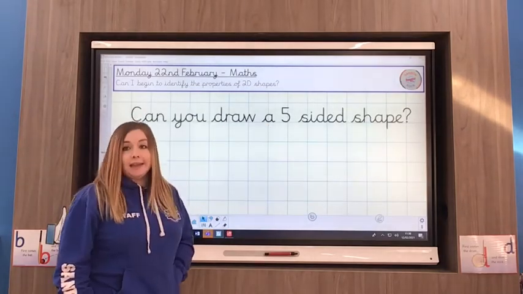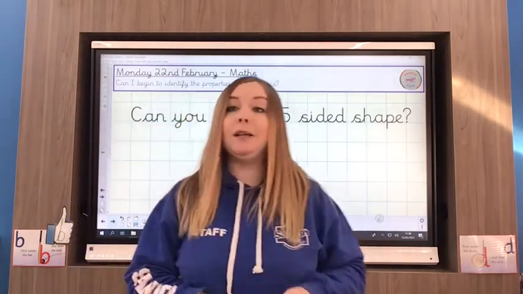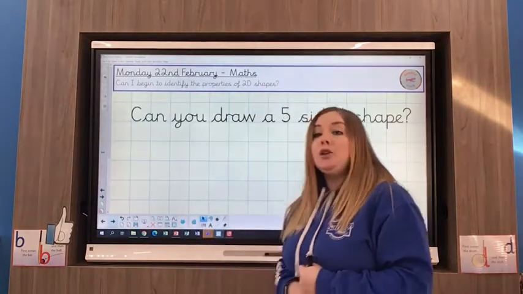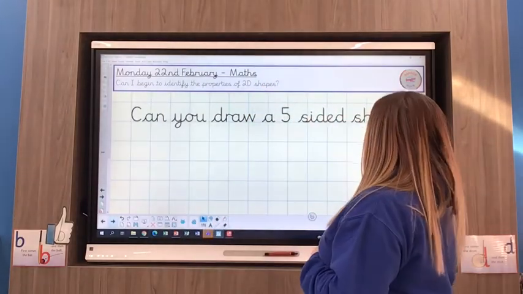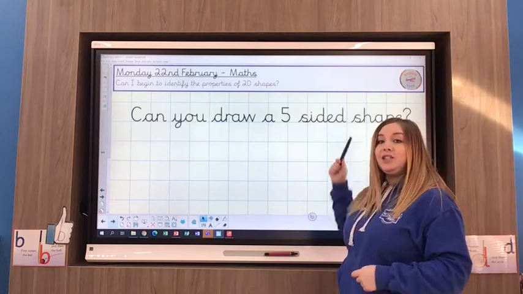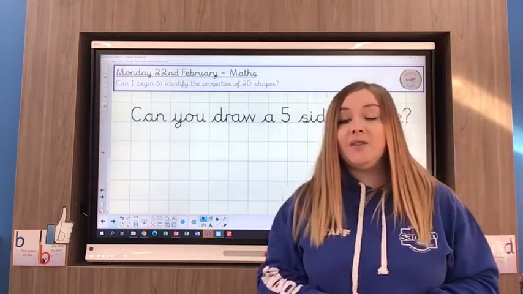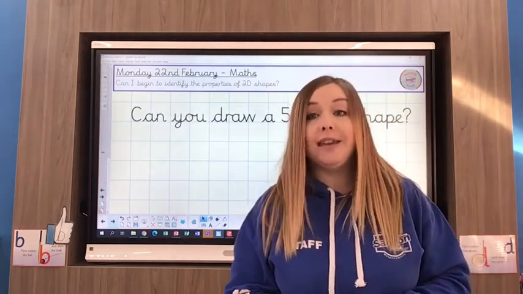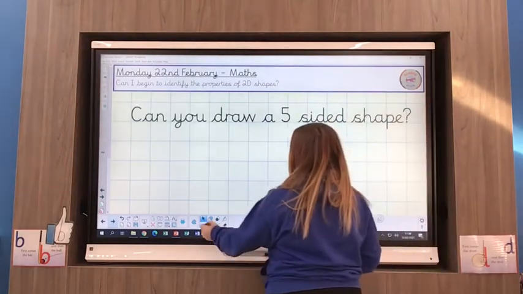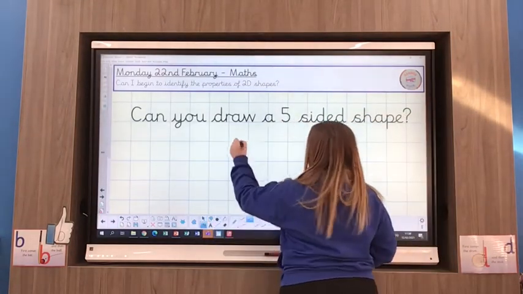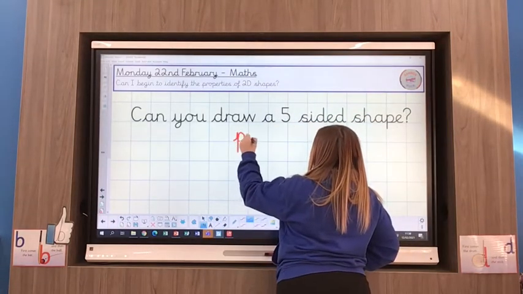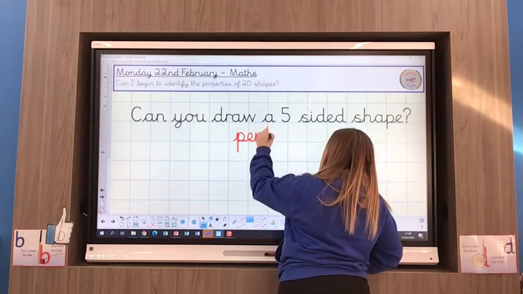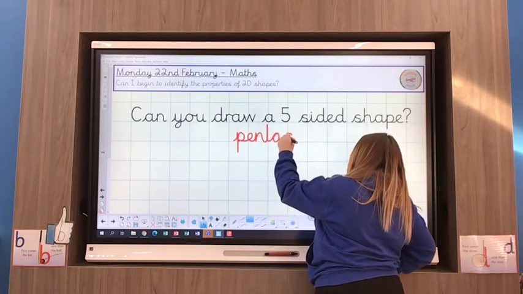Now this question I think is a little bit tricky and it's very similar to one in your booklet. So I've asked you to draw a 5-sided shape. Now we know a 5-sided shape is called a pentagon, don't we? We know that. So I'm going to write that word on the board. Pentagon.